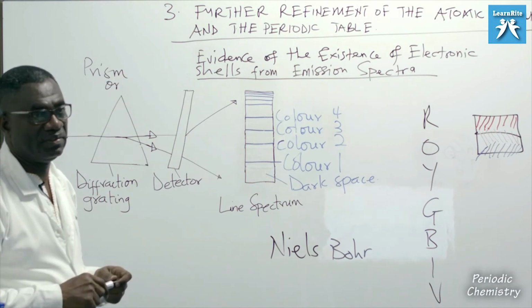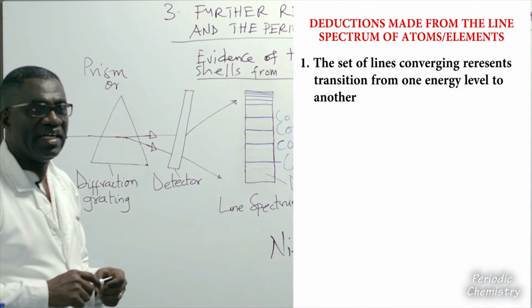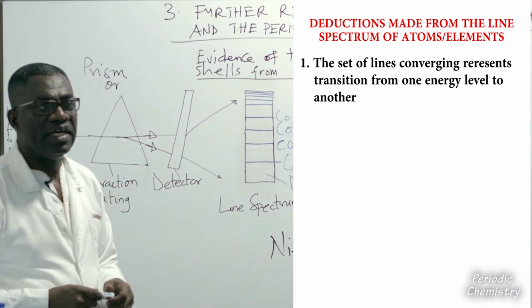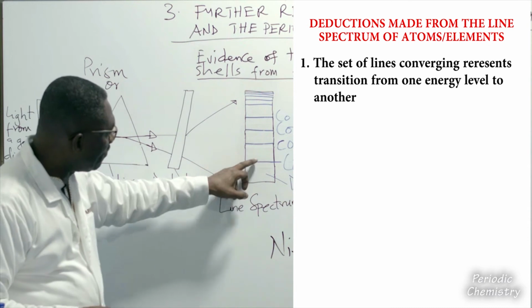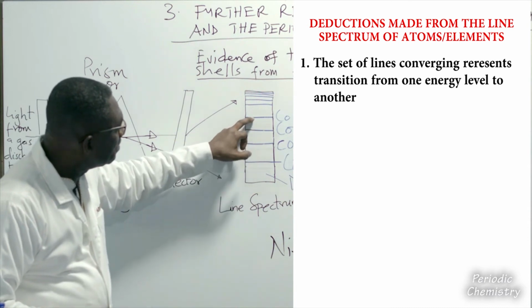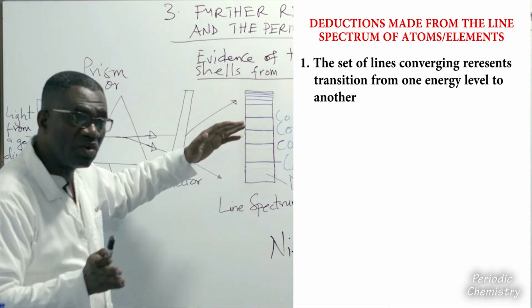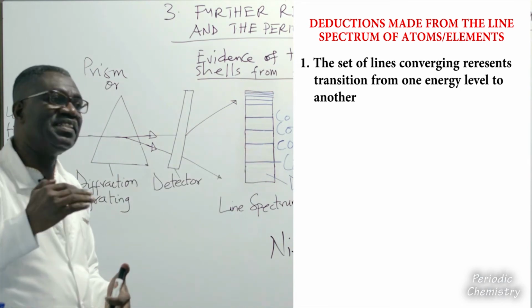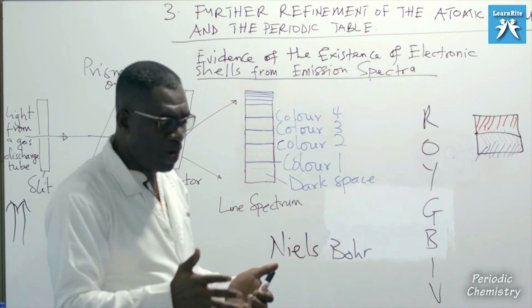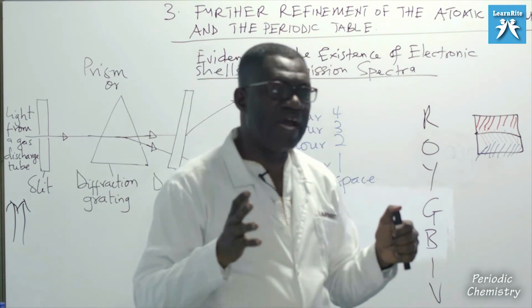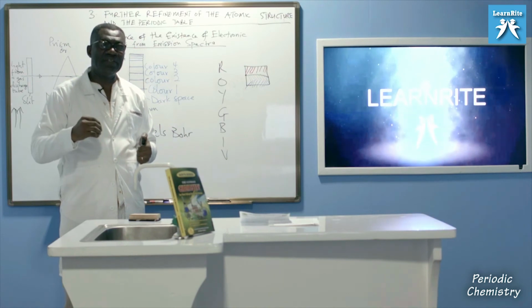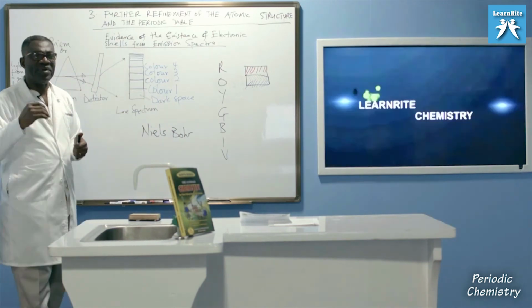The first point is that the set of lines converging represent transition from one energy level to another. And as we go, they become closer and closer. Each of these lines here represents a certain energy level. And that is why when the heat is applied to the gaseous substance, the electrons in there that gain the energy will of course emit some lines.